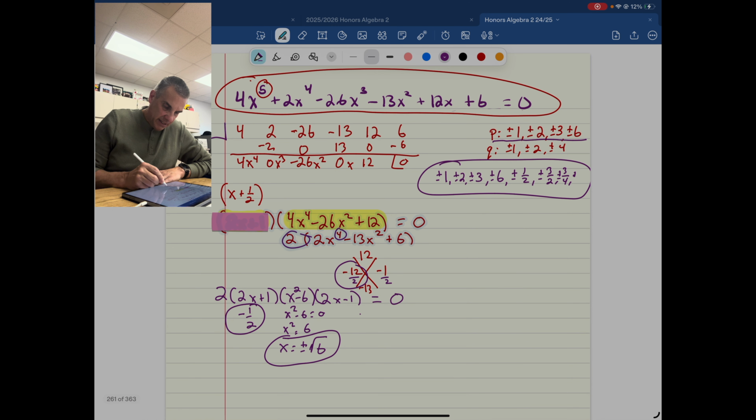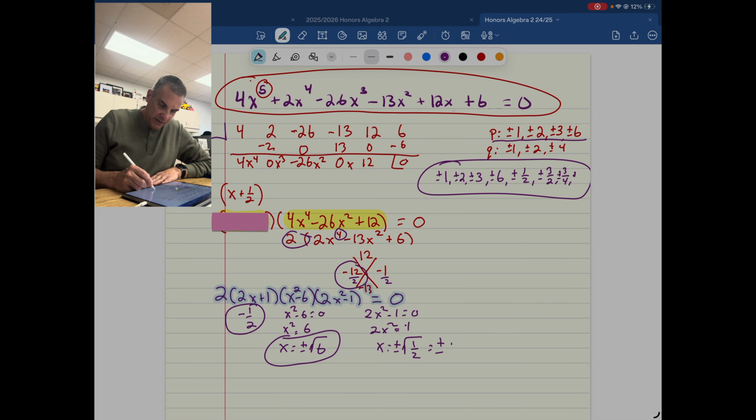And then we've got, oops, that should be x squared. Sorry about that. So that should be 2x squared minus 1 equals 0. So 2x squared equals 1. X equals positive or negative square root of 1/2, which is the same thing as a positive and negative square root of 1 over the square root of 2.